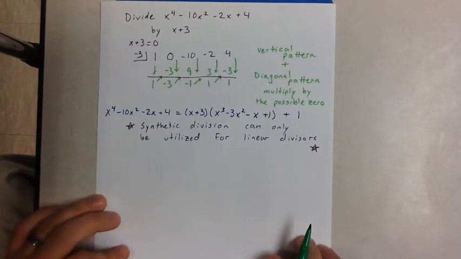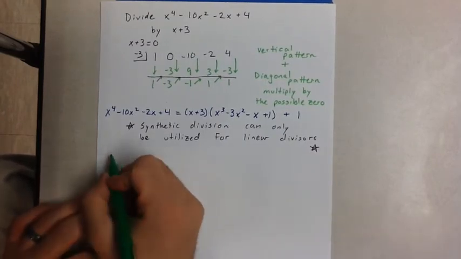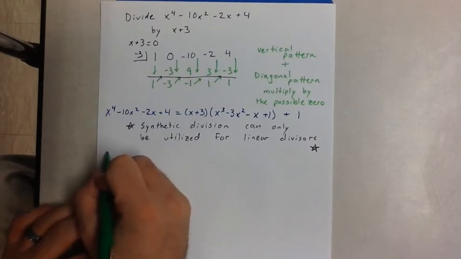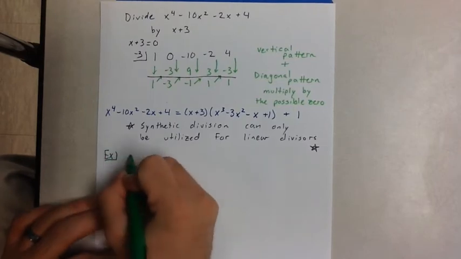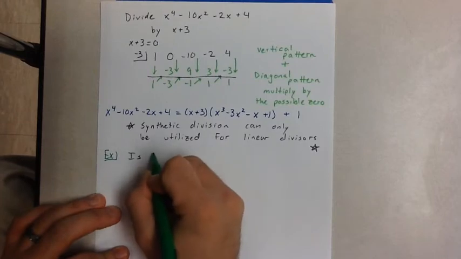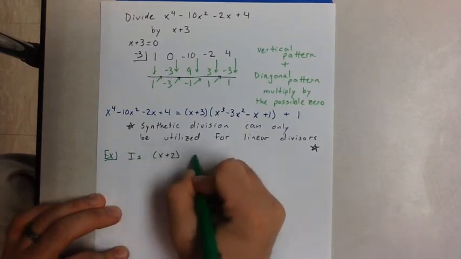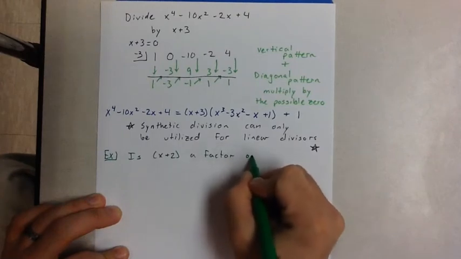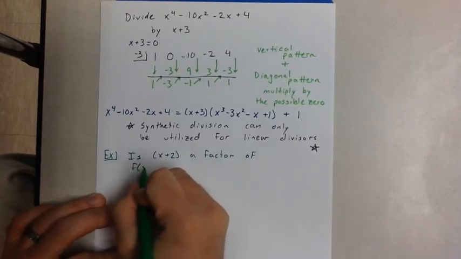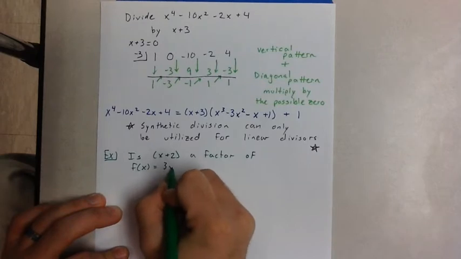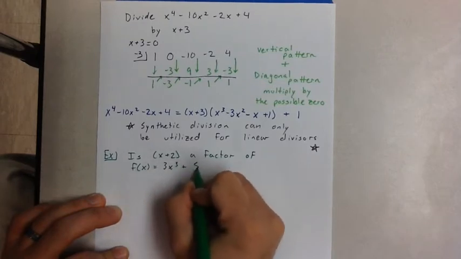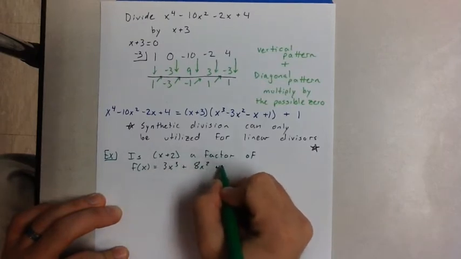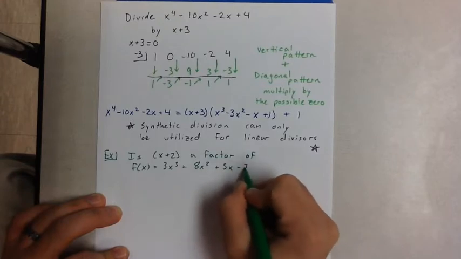Okay? So let's look at another situation. Let's look at this problem. Is x plus 2 a factor of this function? So it's 3x cubed plus 8x squared plus 5x minus 7.